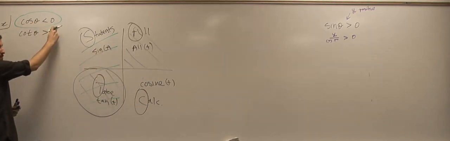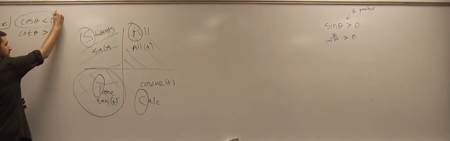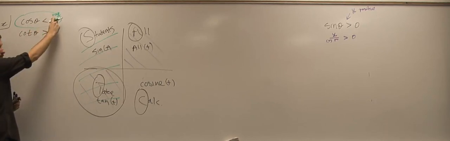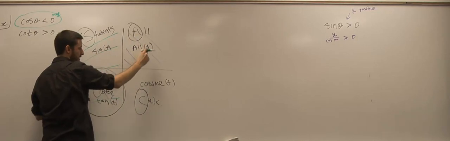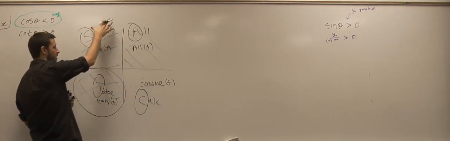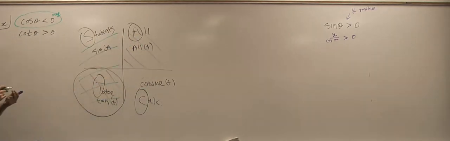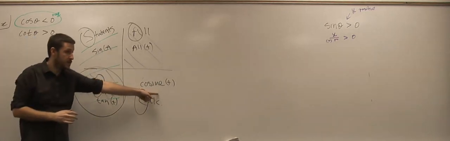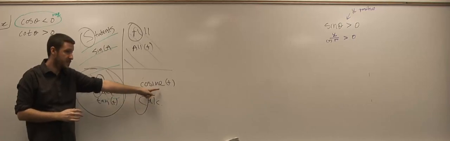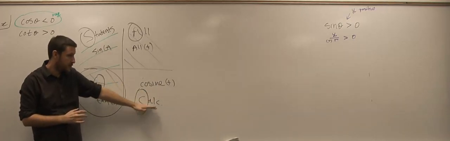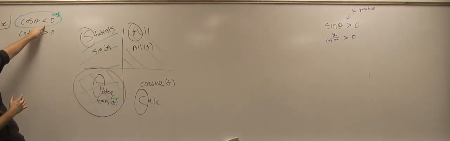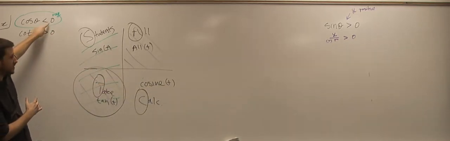Cosine less than 0 means negative. If they're all positive here, and cosine's positive here, this is where cosine's negative. Okay, so it is positive here, by the C. Yes, this is what that means: the C here means cosine positive. But I didn't shade it because I wanted negative. Right, less than 0 means negative.